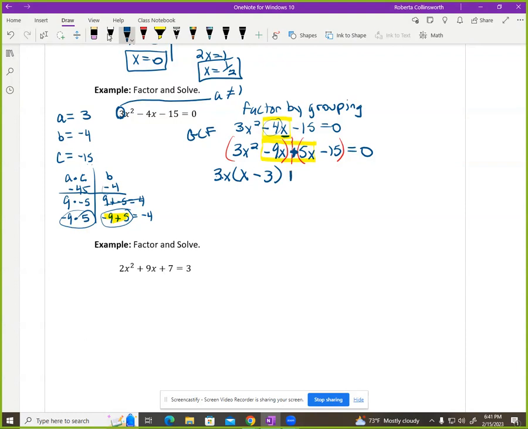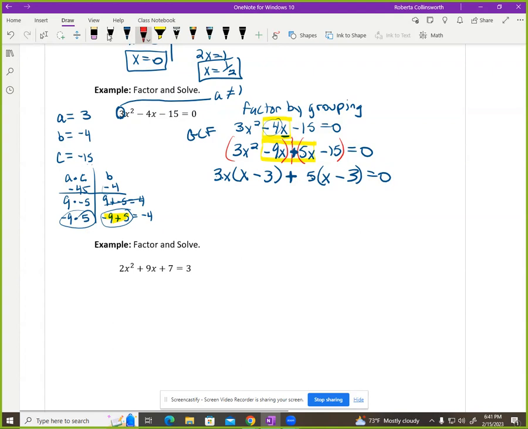Now I'm going to put my plus sign right here. Now I'm going to do the same thing with 5x and negative 15. What is the greatest common factor of 5x and negative 15? 5. 5 times x is 5x. 5 times negative 3 is negative 15.